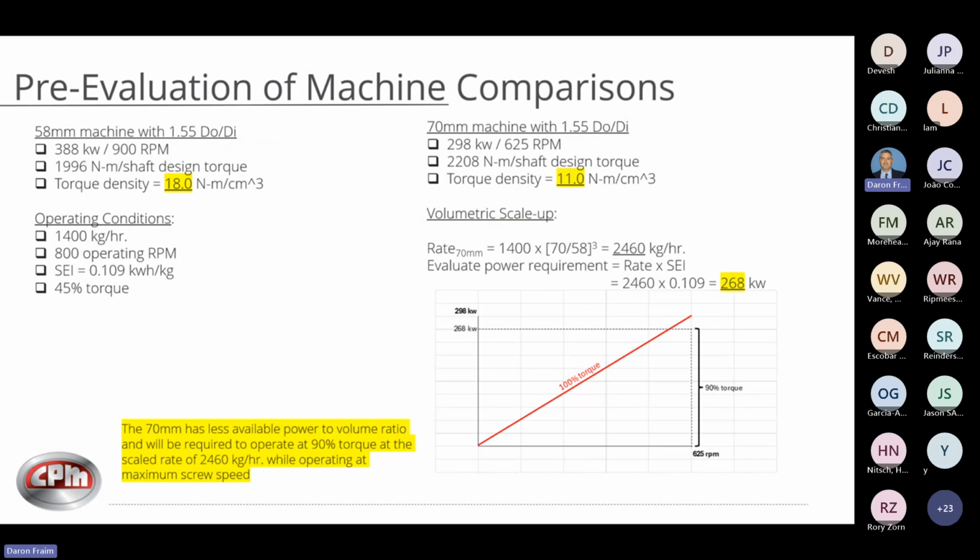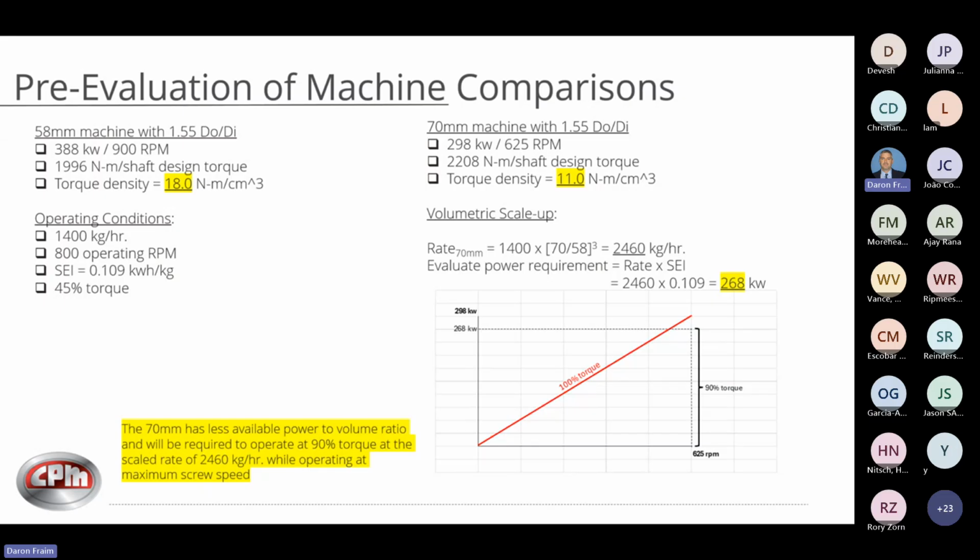So here we're going to look at some examples of pre-evaluation of machine comparisons. Again, similar to what we saw earlier in the webinar, I've got a 58 millimeter machine with 155 geometry, and I'm on a high torque density machine here. And I'm going to move this application to a 70 millimeter, same geometry, but it's a lower torque density.